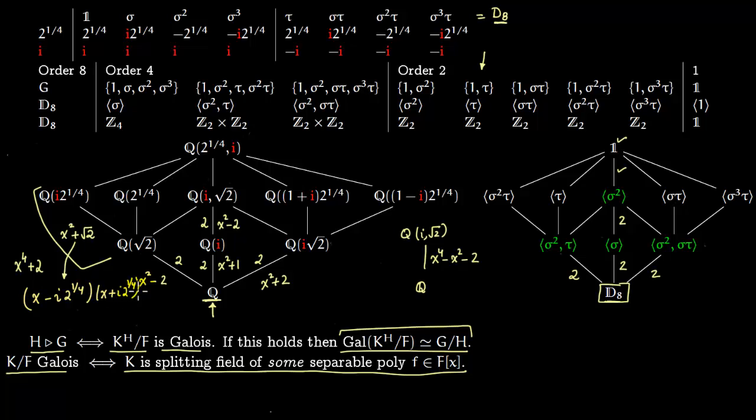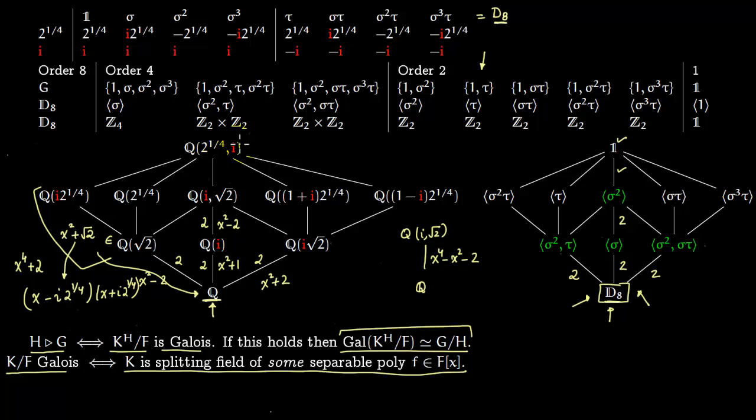Now you can clearly see that this splits completely over here, and this polynomial lies in here over rationals adjoin root 2. So this extension just by itself is Galois, but notice that you cannot say the same thing about the rationals here, because this x squared plus root 2 does not lie in the rationals. It does not lie here because root 2 is not part of the rational numbers. So if you try considering the small pieces, there could be Galois in between them, but we are always considering in reference to D8. So this is a big point of confusion.